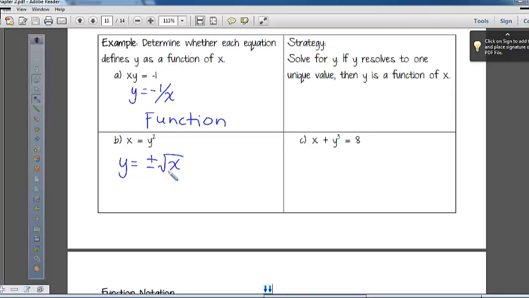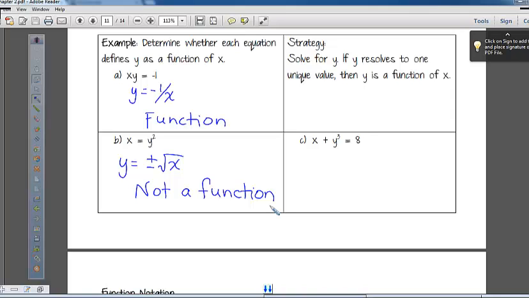So for each x value that I put in, I can get out two different y's, and that doesn't work. It's not a function. So every time you take the square root, it's going to be plus or minus? Any even root: 2, 4, 6, any of those.